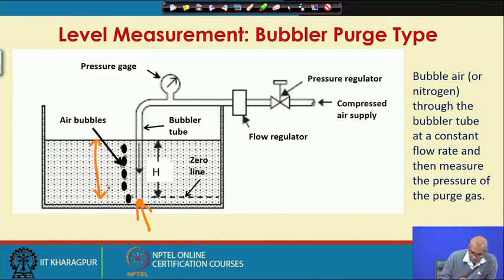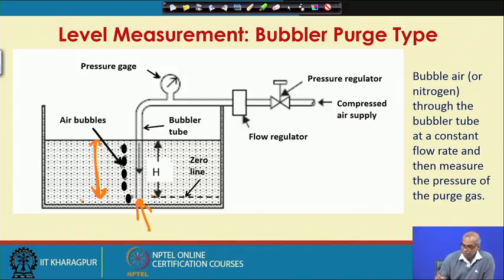Note that this is the 0 line, this is fixed. So, this basically changes with change in the liquid level. So, the pressure applied on the free end of this bubbler tube varies with the liquid level.